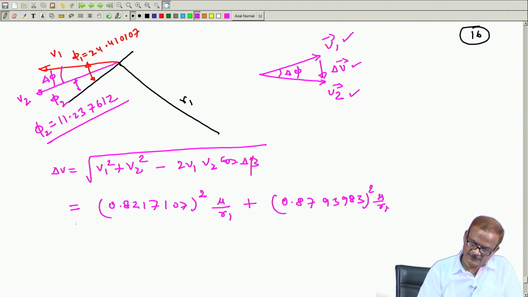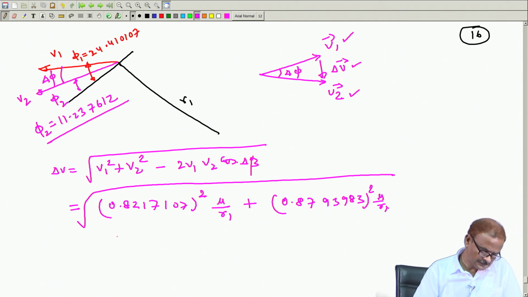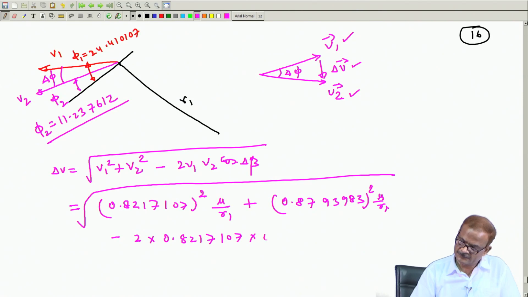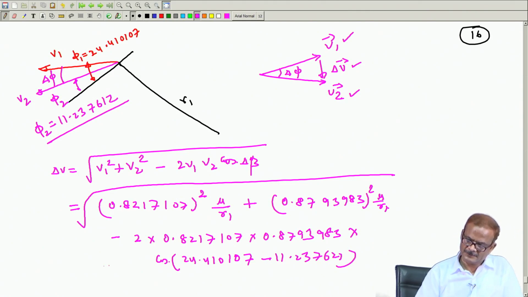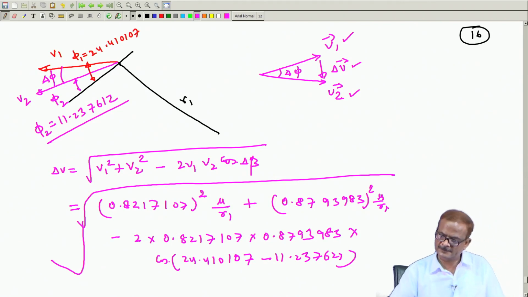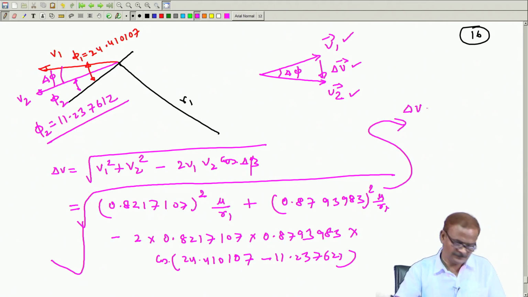These are the corresponding values we are inserting, minus 2 times the V 1 V 2 value we have to insert here: 0.8217107 times 0.8793983 and times cos delta beta. So, cos of delta beta is 24.410107 minus 11.237621. So, you compute this value, this is all under root sign.